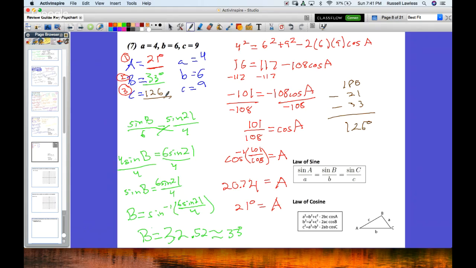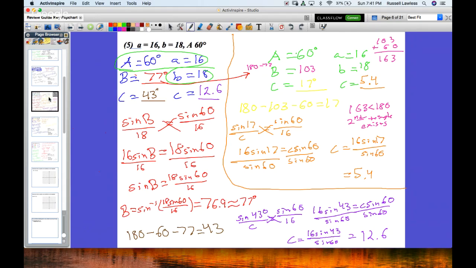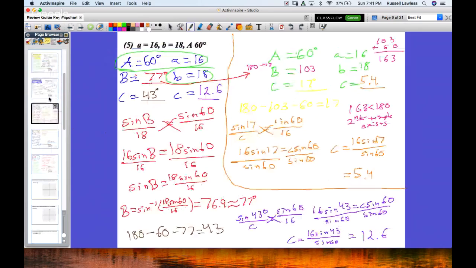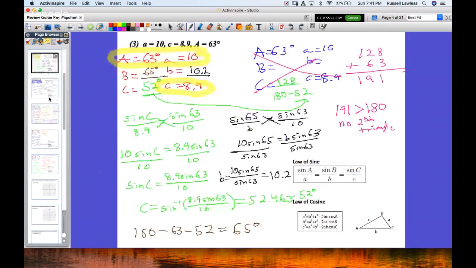All right, so second triangle. There were 3 examples that we looked at. One of them was the case of one triangle, one of them was a case of no triangle, and one of them was a case of 2 triangles. Again, the only time that we can have the second triangle is if you're given an angle and a side.